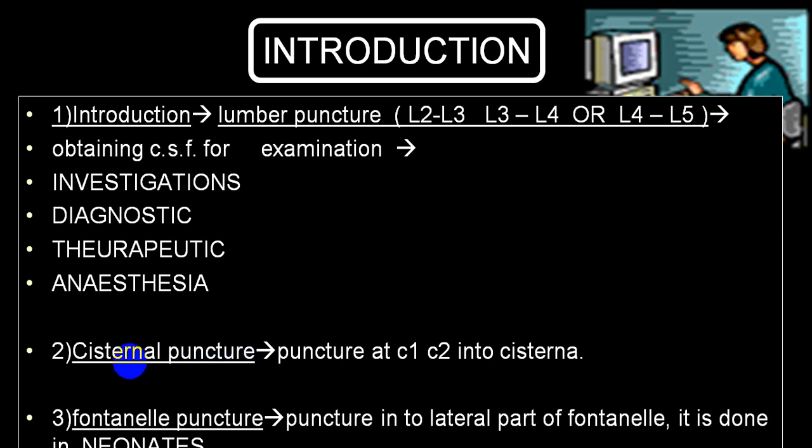In children, it can be fontanelle puncture, that is puncture into the lateral part of the fontanelle, and it is very commonly done in neonates. So these are the three common methods which are being utilized for obtaining CSF.